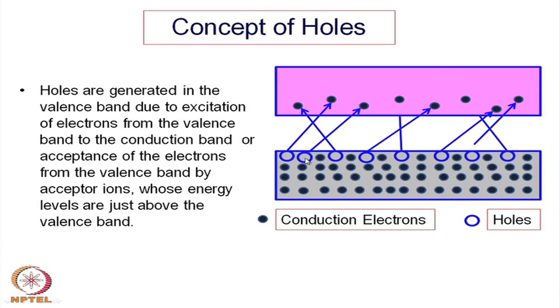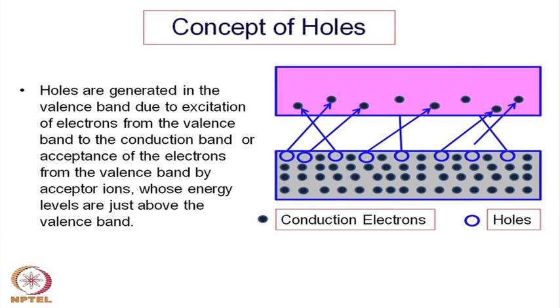One is the electrons jumping over from the valency band to the conduction band of the same host material because of thermal energy, or the electrons going to a foreign material whose energy level is very close to the valency band. So, we can identify an element or an impurity whose energy level is somewhere there, and it has a great affinity for accepting electrons and gets ionized by itself.